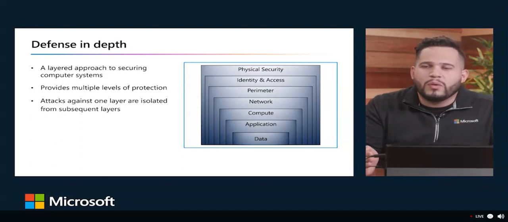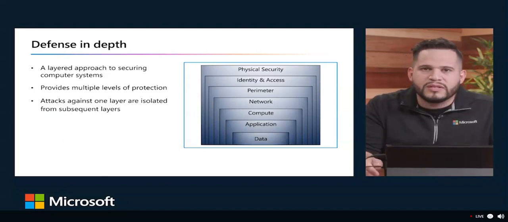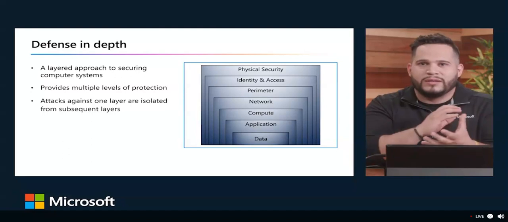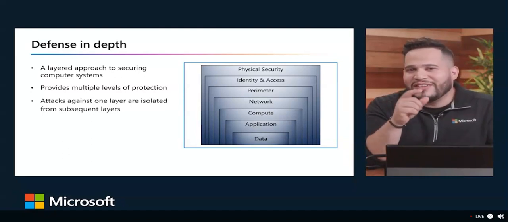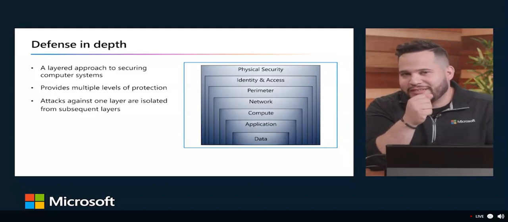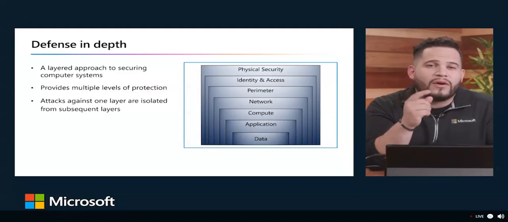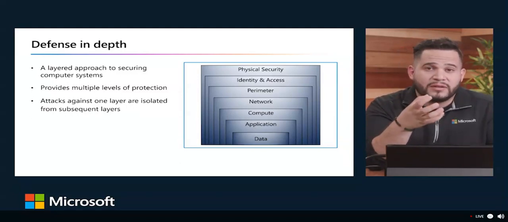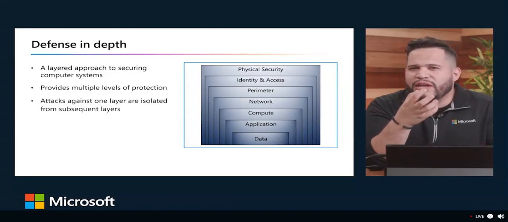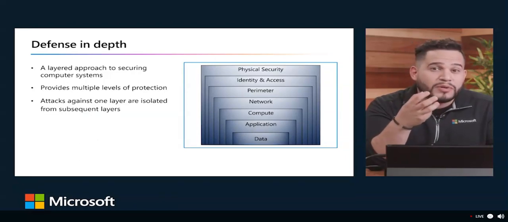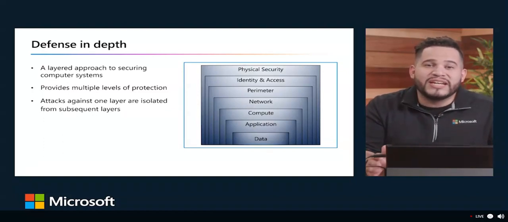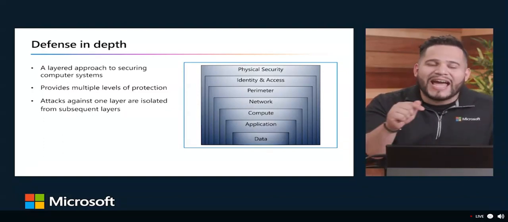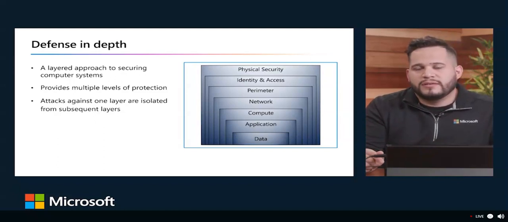Data is ultimately what we want to protect the most. This is our king and queen. And as I love to say it, this is the soft and delicious nougaty center. This is the core of all of our apps and services. Because in addition to all other layers mentioned that are there to help protect your data, you also want to consider ensuring your data is protected at rest and in transit.